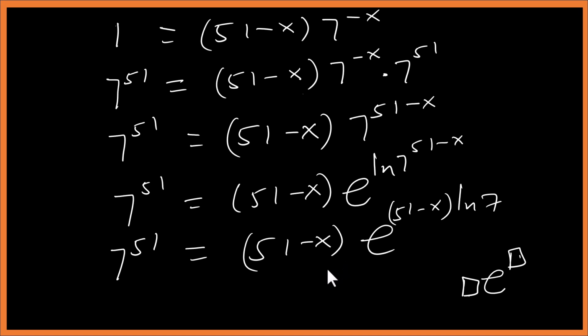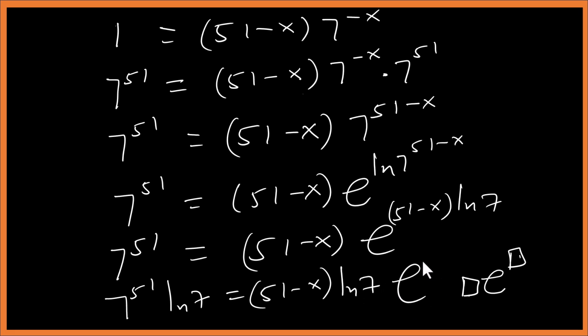What we are going to do is multiply both sides of the equation by ln of 7. So we have 7 raised to 51 ln of 7, and this side times ln of 7 will be 51 minus x ln of 7 times e raised to 51 minus x ln of 7.